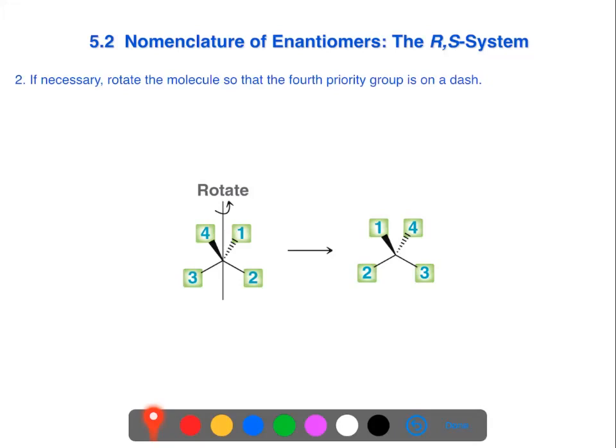And so if you ever exchange the placement of two groups on a two-dimensional surface, a page, you also have to rotate or exchange the position of the other two groups. Otherwise, what you've done is you've just drawn the other enantiomer, and that will get a little bit confusing when you're trying to name this particular enantiomer.